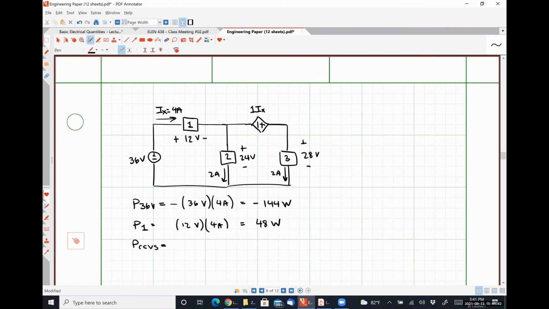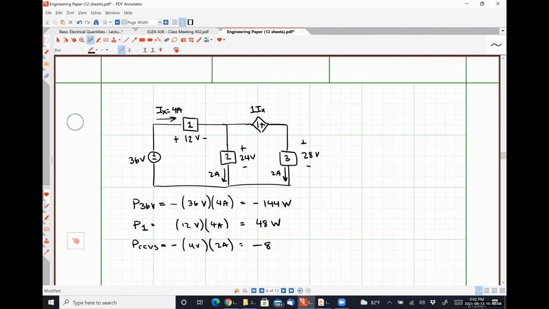All right, so my voltage is 4 volts. What's the current flowing through my dependent source? 2 amps. Is the current flowing into the positive polarity terminal or out of the positive polarity terminal? Out. So I need to include a negative sign. Negative 4 times 2 is negative 8.